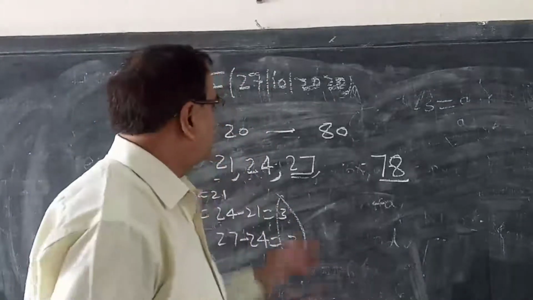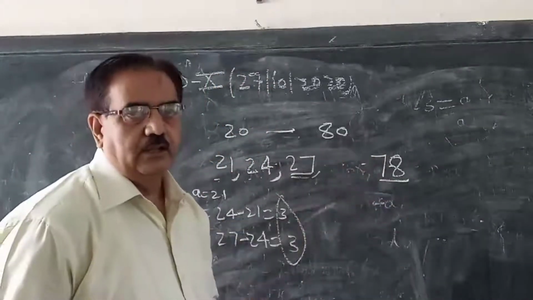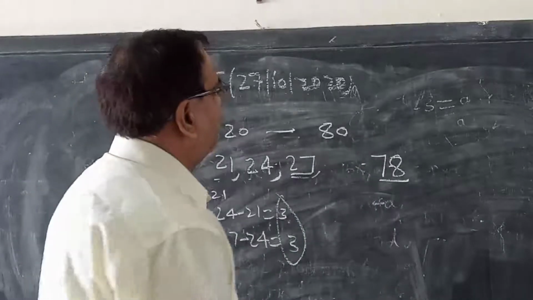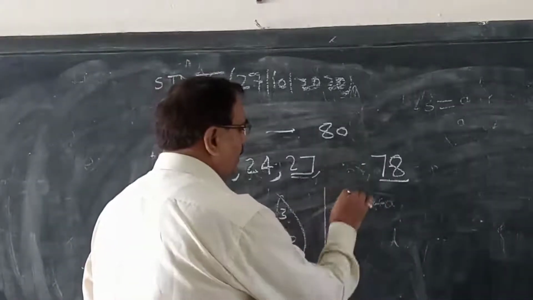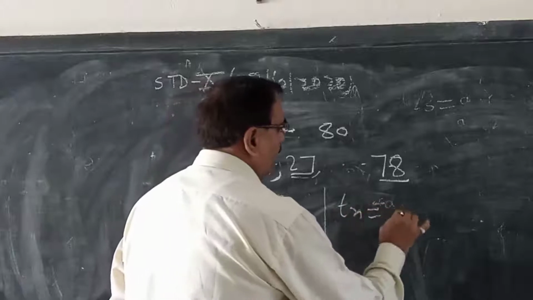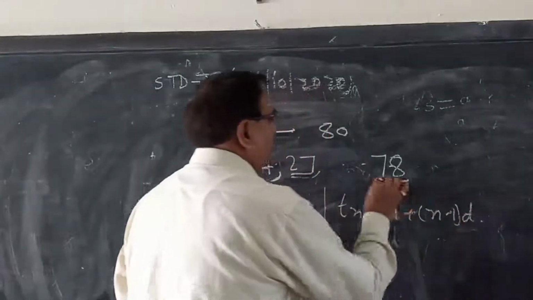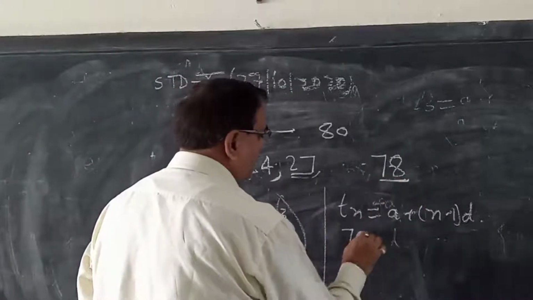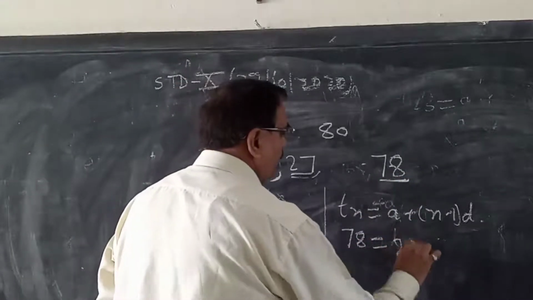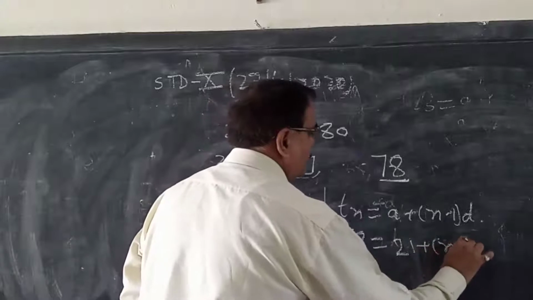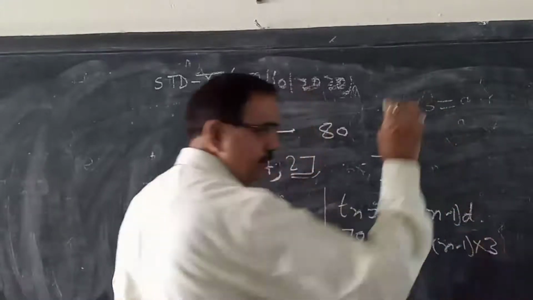How many terms are there, from 21 to 78? The last value is given here. Now use the formula, which one? Tn is equal to A plus n minus 1 into D. Tn, the last value, is 78. A is 21 plus n minus 1, the common difference is 3.